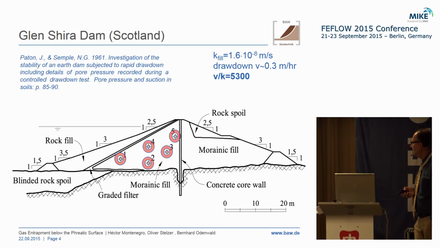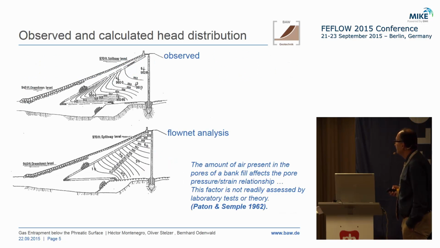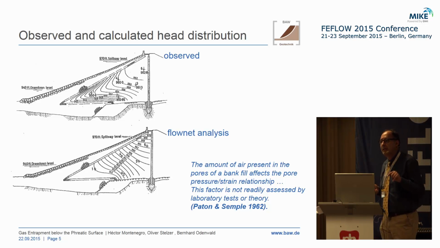The people who recorded this were Peyton and Sample, and this is what they observed. This is the head distribution they had, and this is what they would have expected. And what do we see here? We see some banded head lines, and these banded lines indicate hydraulic gradients.